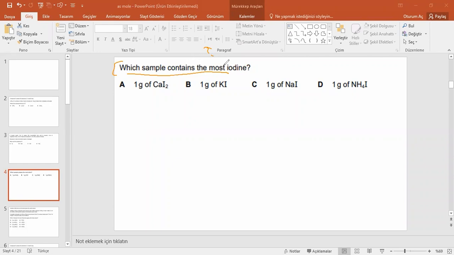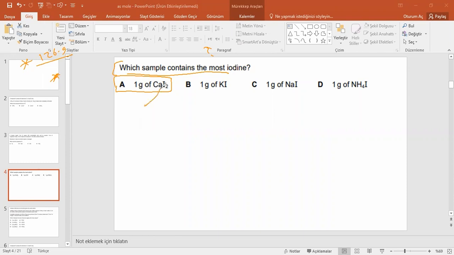Okay, this is what they mean by the most iodine. How many moles of iodine? Yeah. By the way, the molar mass of I is 126.9. Okay, let's start with the first option. Option A, 1 gram of CaI2.